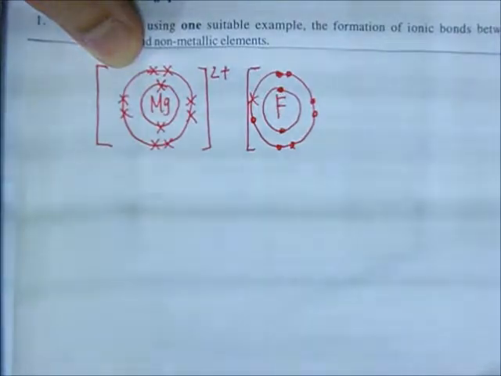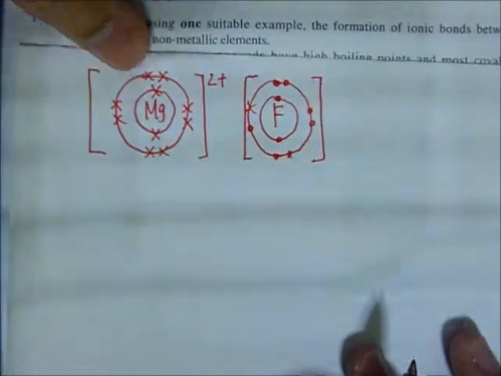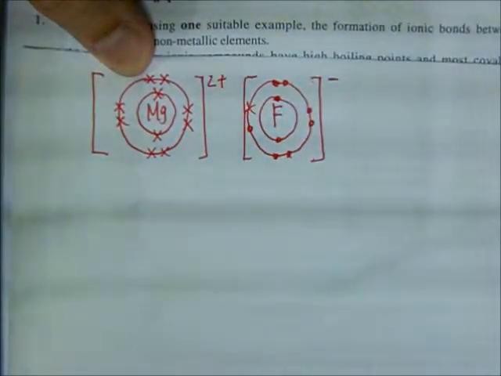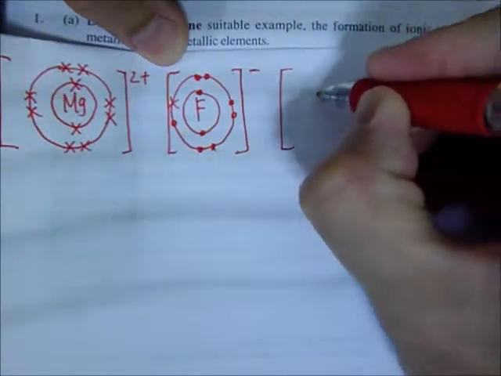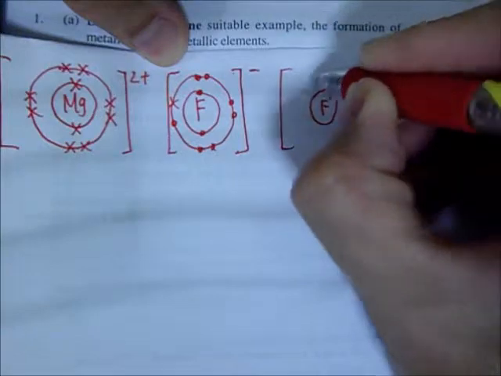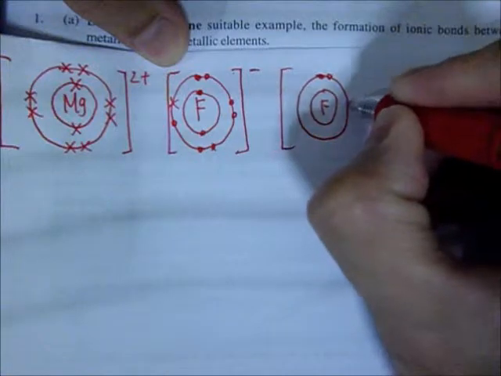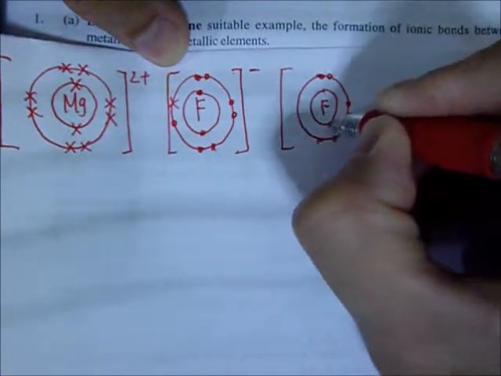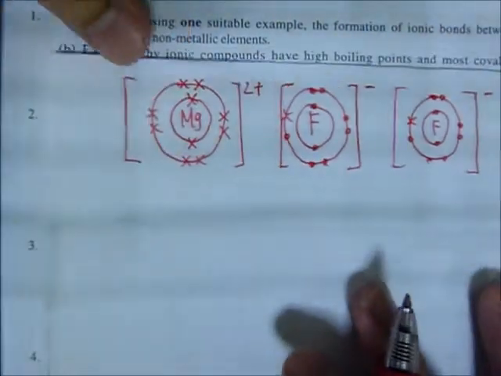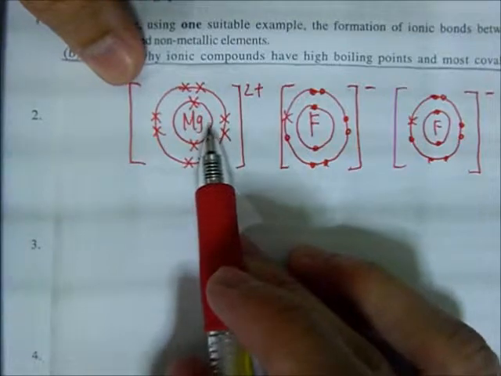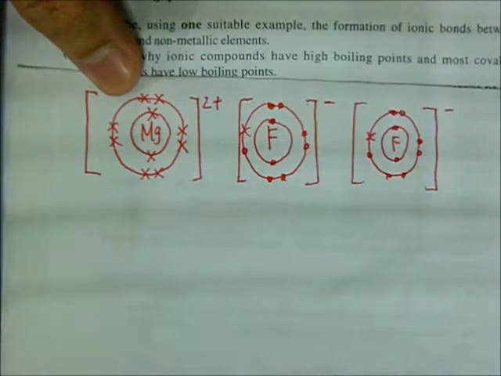It accepts 1 valence electron from magnesium to become 2,8. Since it accepts 1 electron, the charge is 1 negative. Now it needs 2 fluorine atoms to accept the 2 valence electrons from magnesium. So these fluorine ions would be the same. Okay, because the magnesium atom loses 2 electrons, 1 electron to each fluorine ion.